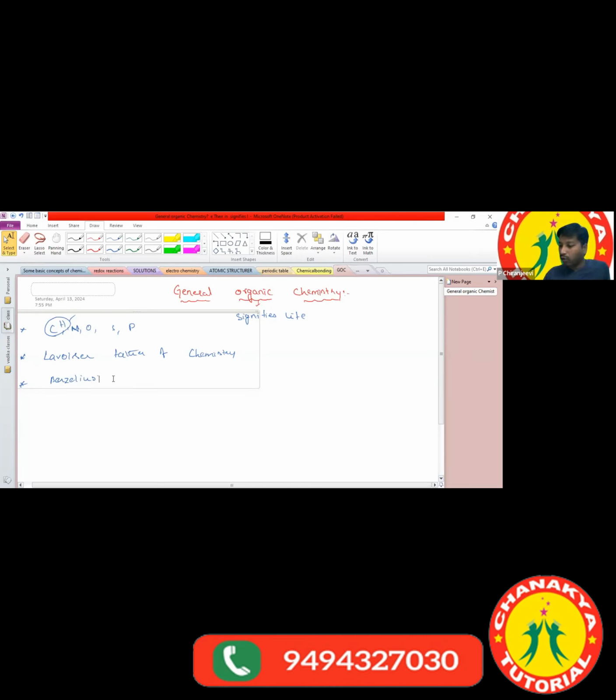So what is meant by the vital force theory? Who proposed the vital force theory? The scientist Berzelius. What is meant by the vital force?